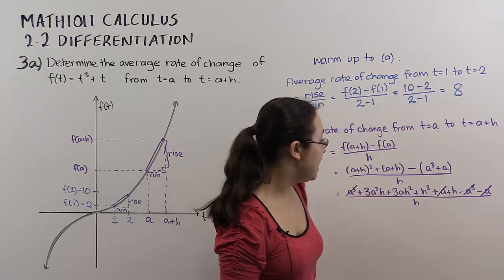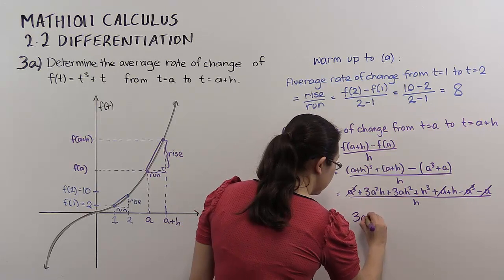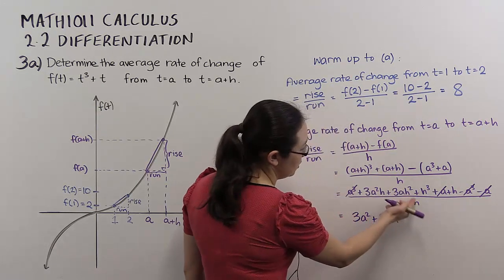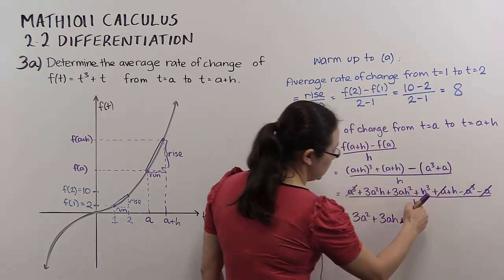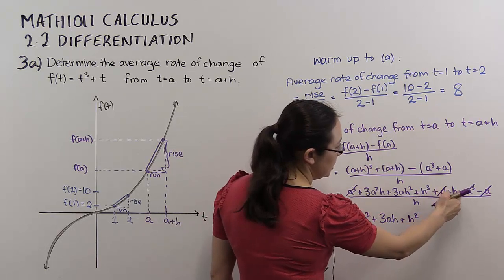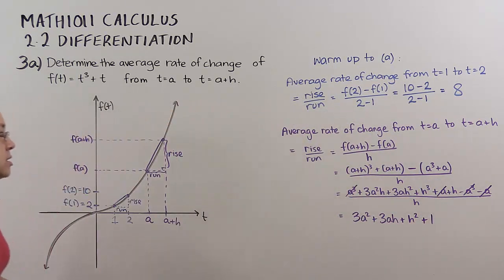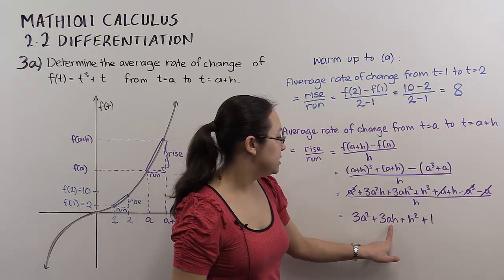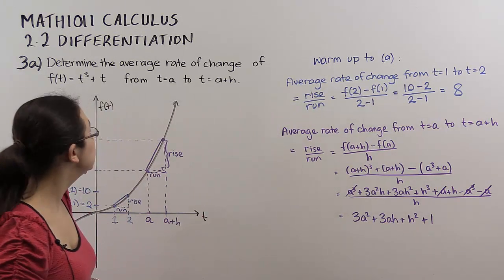All of these have an h, so I can divide that h out, and I'll be left with 3a squared plus 3ah if I divide one of the h's, and h cubed divided by h is going to be left with an h squared, and this h divided by h will just be left with 1. So here, my average rate of change from a to a plus h is this expression: 3a squared plus 3ah plus h squared plus 1. So that answers the question.